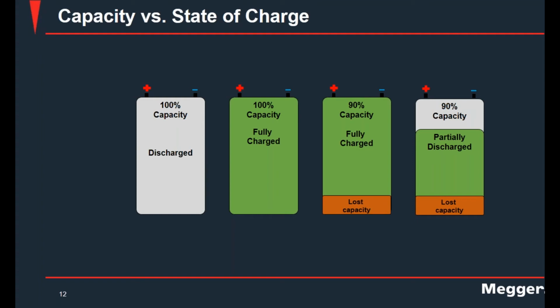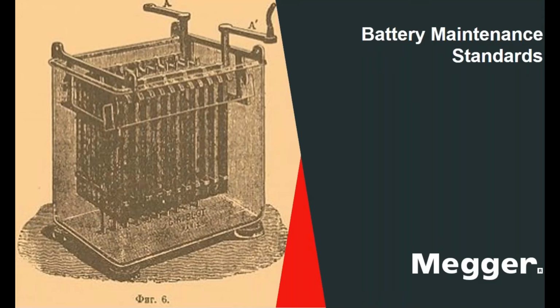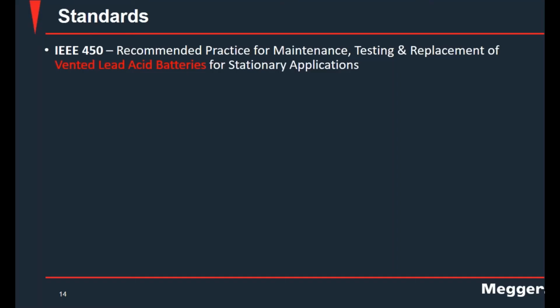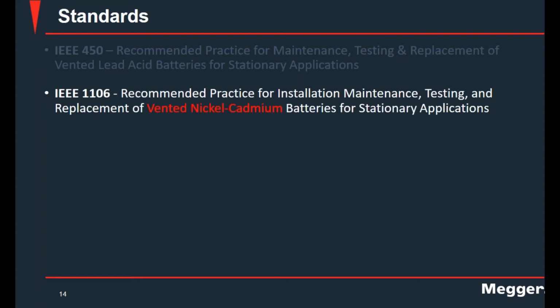There are different documents, mainly from IEEE. We have the VLA battery standard, the recommended practice for maintenance, testing, and replacement of VLA batteries. It's IEEE 450, and the same document is available for the vented nickel cadmium, the 1106 standard, and IEEE 1188, which is for valve regulated lead acid batteries.